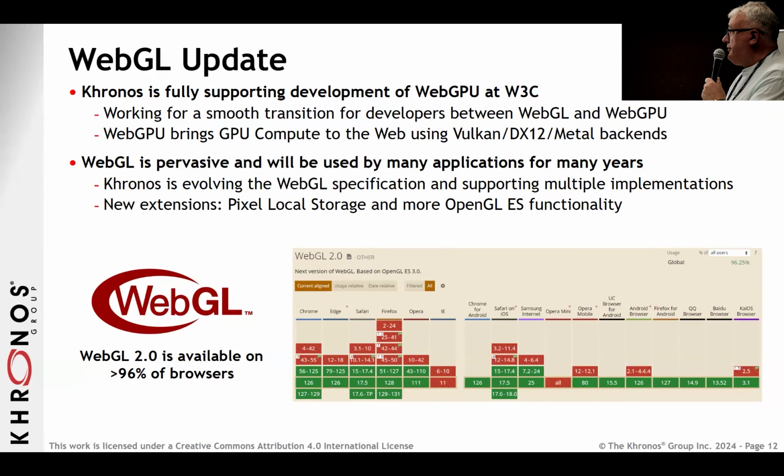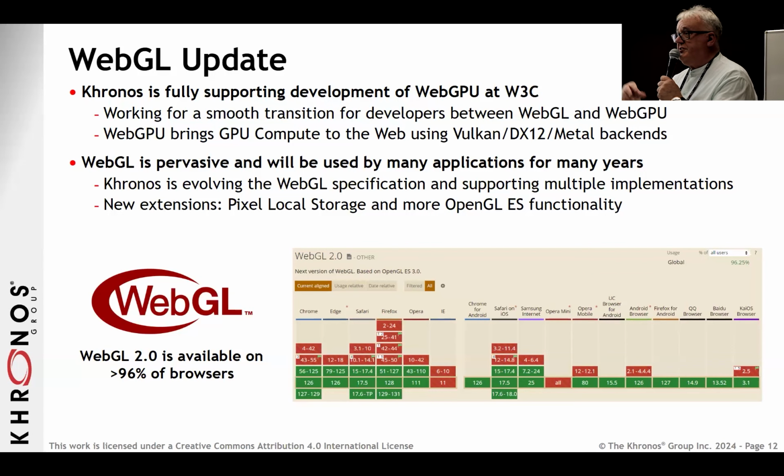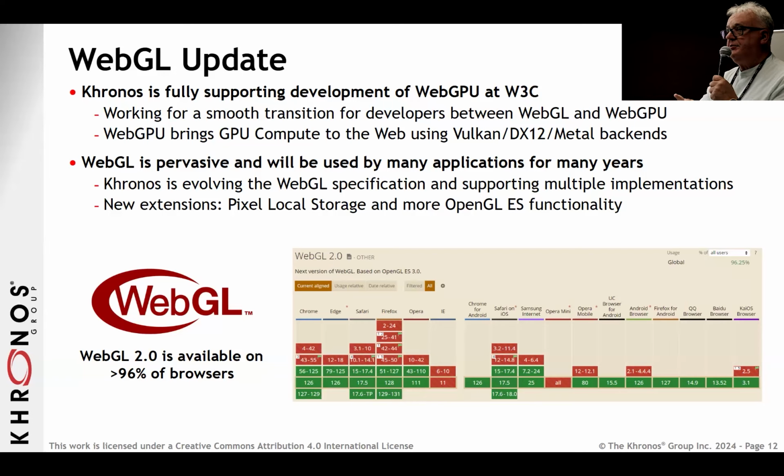The other big web standard from Khronos is WebGL. WebGPU is going to replace WebGL, and WebGL is a Khronos standard. WebGPU is a W3C standard, but that's okay. That's good. Khronos fully supports developers having a smooth transition path from WebGL to WebGPU.